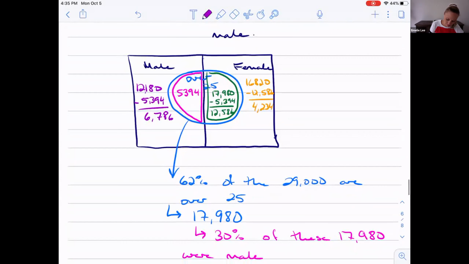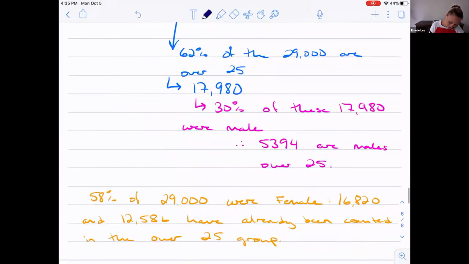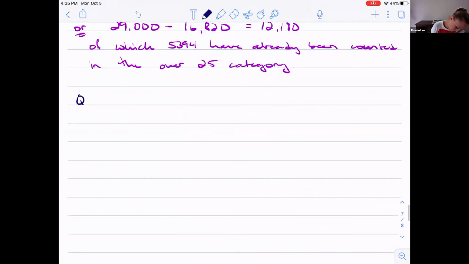So by request, question 14 from 15.5. Do you happen to have it handy? Oh, the word ones.